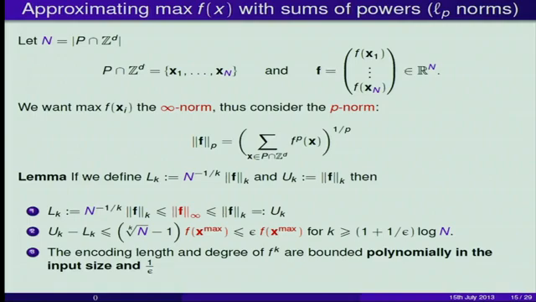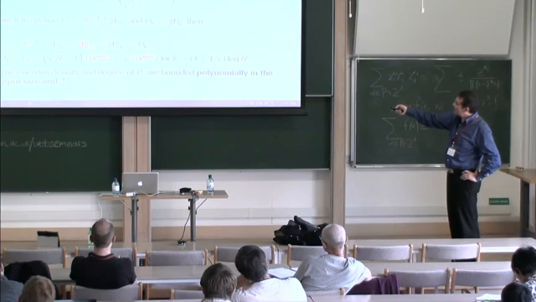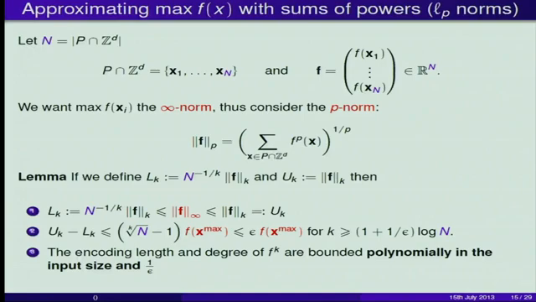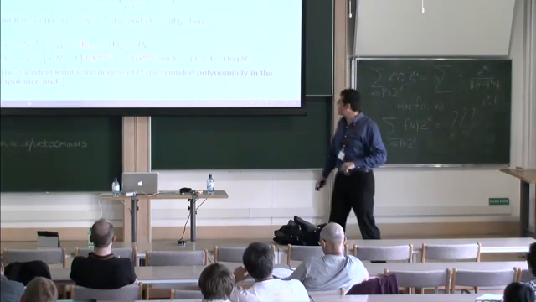So it is a well-known fact, I mean, you can check, that when you do this with the k norm, where you are taking k powers and then taking the k root, the k norm bounds above the infinity norm, which is the maximum that you want to compute, and this divided by the k root of the number of lattice points gives you a lower bound for the maximum.